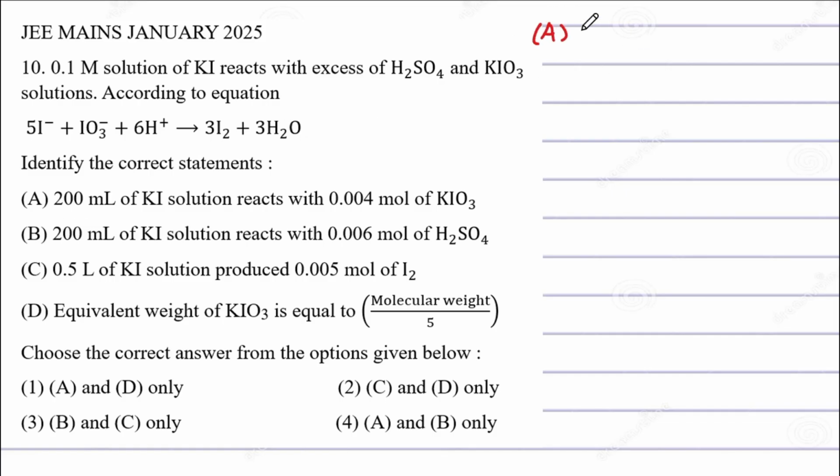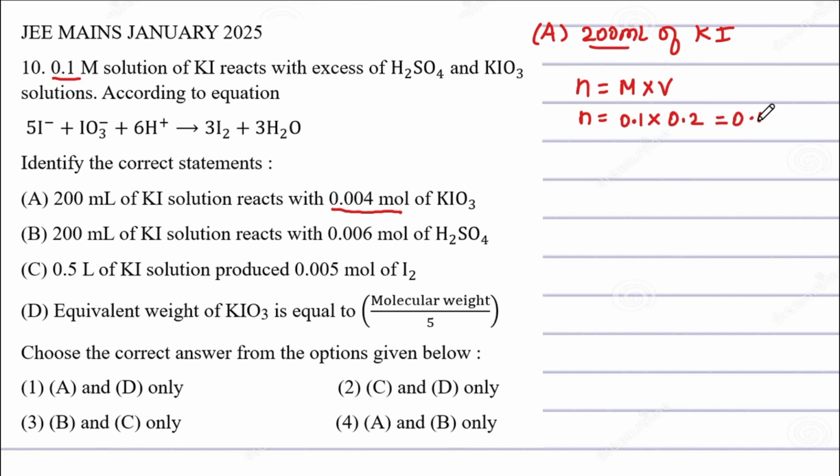In option A, they are telling 200 mL of KI solution reacts with 0.04 moles. So here we are talking about moles. You have to convert this volume into number of moles. We know the formula, number of moles equals molarity into volume. The molarity of KI solution is already mentioned, 0.1, into volume, which is 200 mL, so that is 0.2 liters.